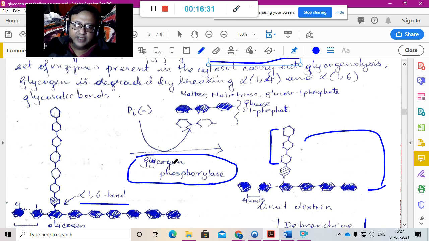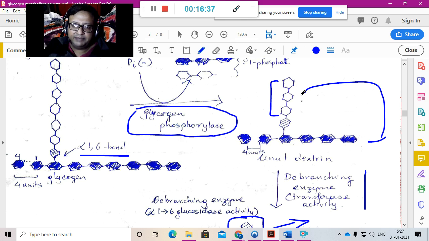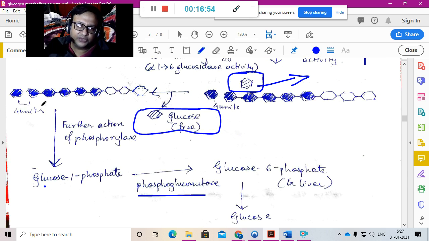Then the debranching enzyme, the transferase, transfers the branched unit to the other end, and it becomes straight. The 1 to 6 glucosidase activity cuts it, so free glucose is released, and then phosphorylase keeps on with the alpha 1 to 4 cleavage.